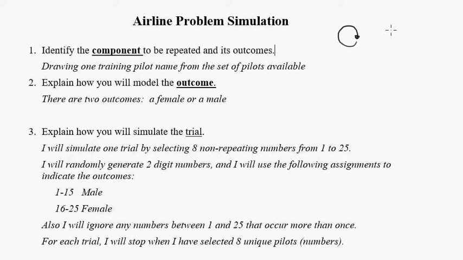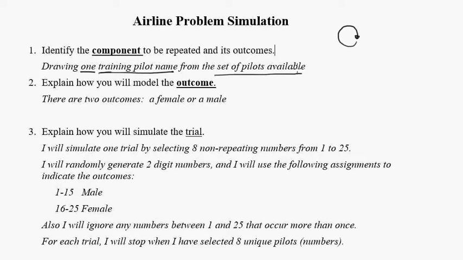If we're having babies and we want to know how many babies we should expect to have in order to get one of each gender, the component would be having babies. Here our component is drawing one training pilot name from the set of all available pilots.